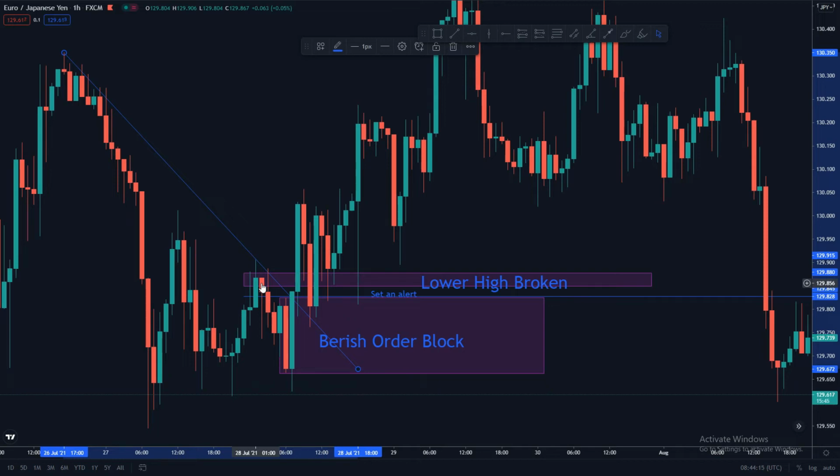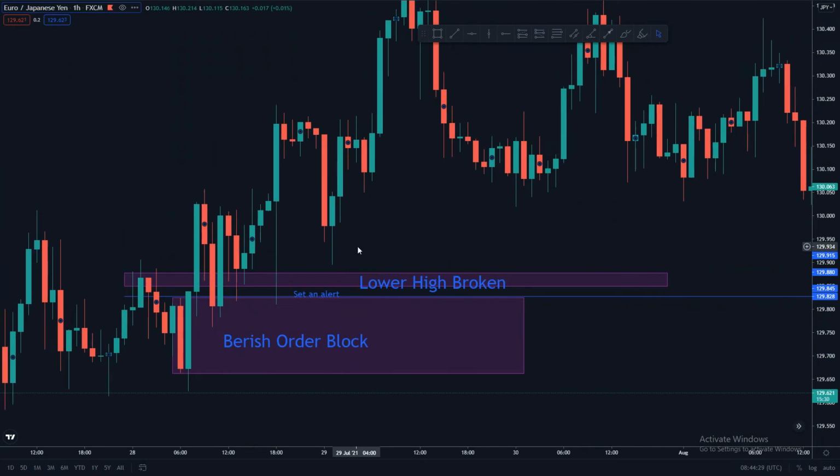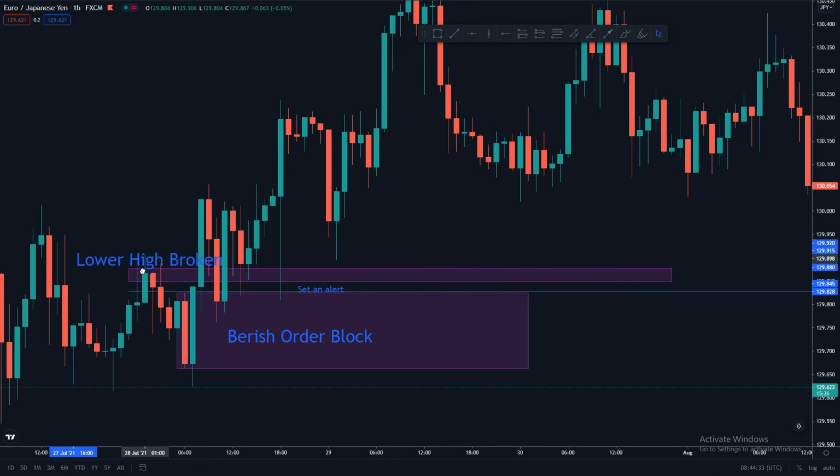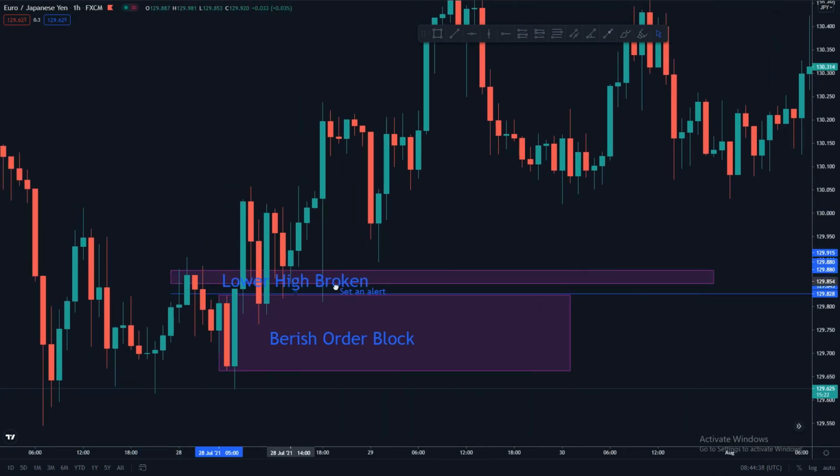Then once that is done, we identify our order block because we're going up, so it's a bearish order block, right? Then once the market comes to our level, then we react. So the first thing is, this is our lower high broken, right?